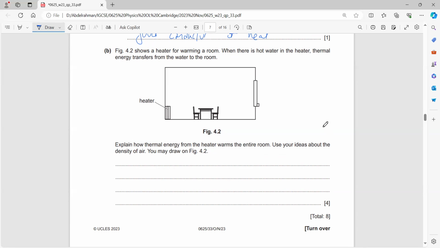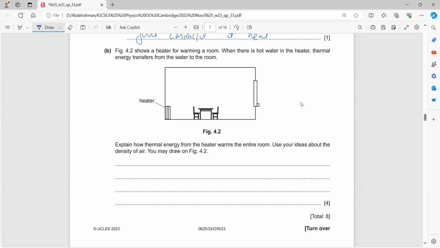The hot air density is lower than cold air density. As we heat up the molecules of air, what happens to the volume? It increases.